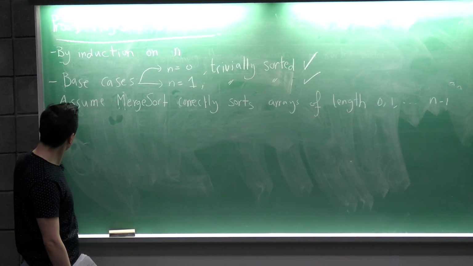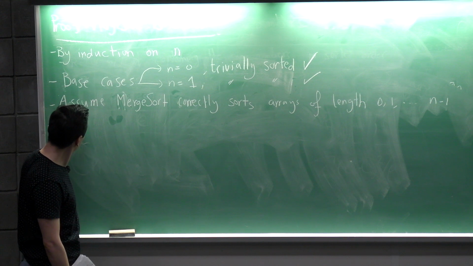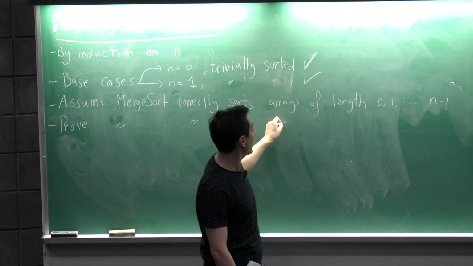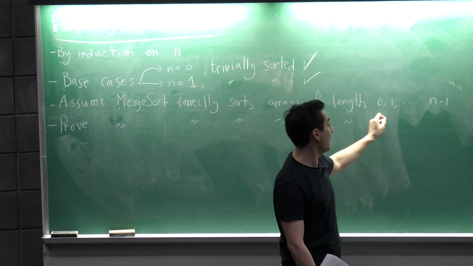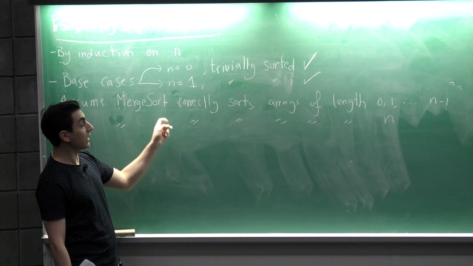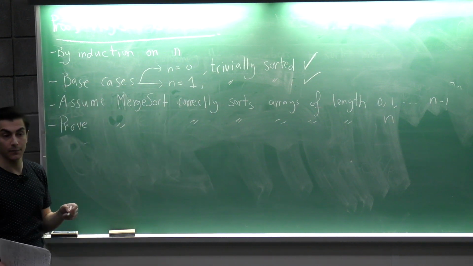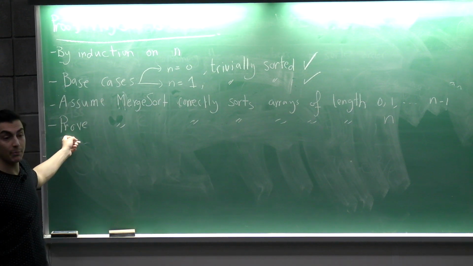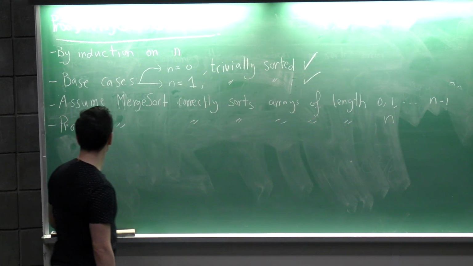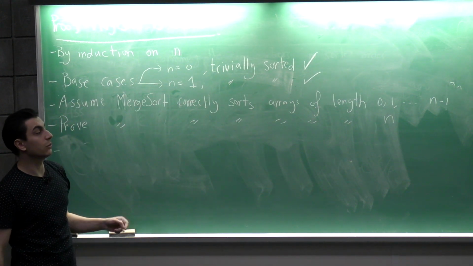And now what we want to do is prove MergeSort correctly sorts arrays of length n, right? And we're going to use the inductive hypothesis to do that, okay? So let's see what happens when we run an array or a list of length n on the MergeSort. What will MergeSort do?